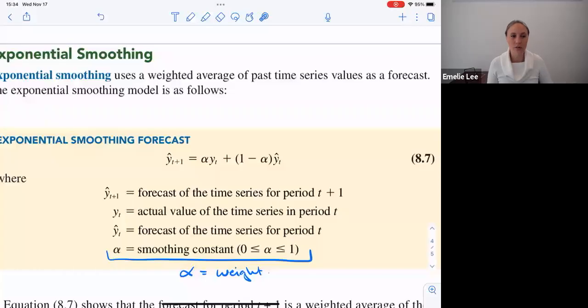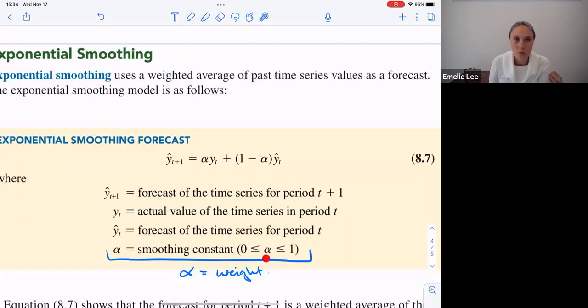And so on and so forth. So you've got a lot of information there. And so what we do is we say, okay, well, what if I take some alpha, right? And this is different from the alpha level in hypothesis testing, so the context will make that clear, but this is an alpha, which is the smoothing constant.